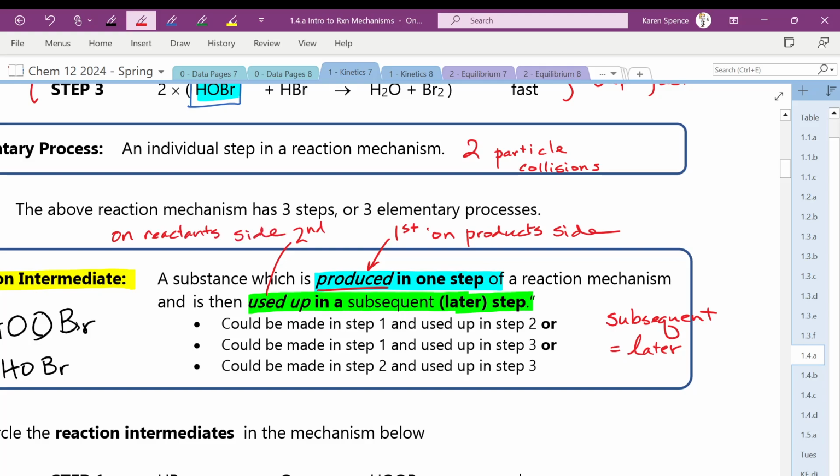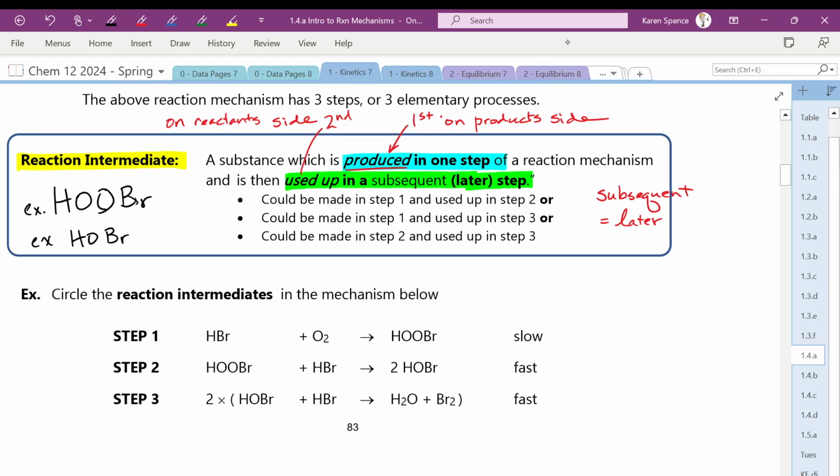We're going to look at something later that appears first in the reactants and then comes out later in the products, so we don't want to get it confused. So you could make it in step 1 and use it up in step 2. You could make it in step 1 and use it up in step 3, like it could wait a step to get used, or you could make it in step 2 and use it up in step 3. What you couldn't do is make it in step 3 and use it up in step 1, because that doesn't make sense.